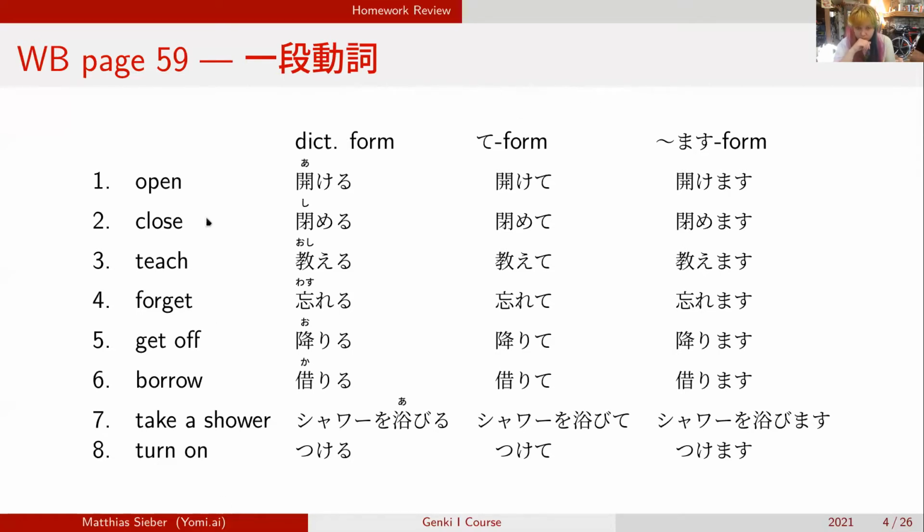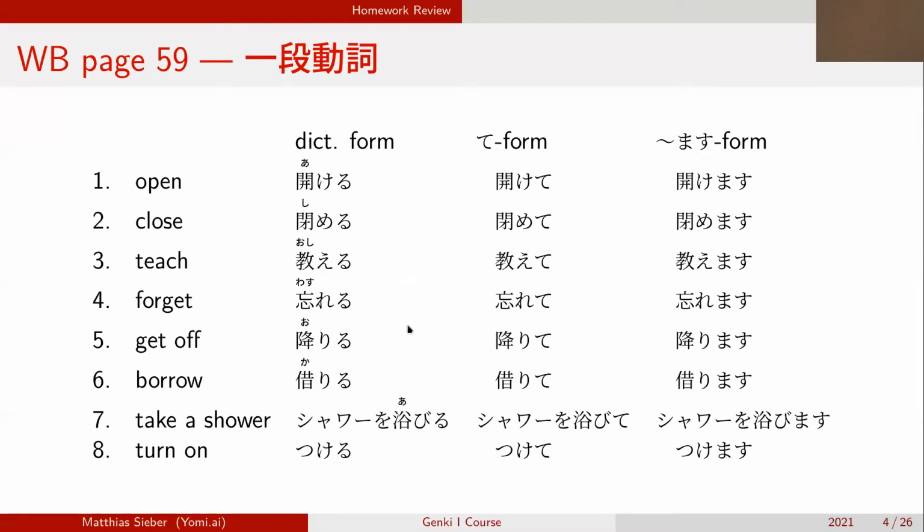Given the English verb, we were asked to write down the dictionary form, the te form, and the masu form. So for to open, akeru, akete, akemasu. Close, shimeru, shimete, shimemasu. Teach, oshieru, oshiete, oshiemasu. Forget, wasureru, wasurete, wasuremasu.